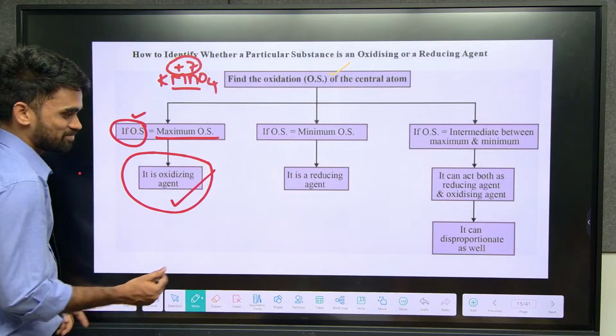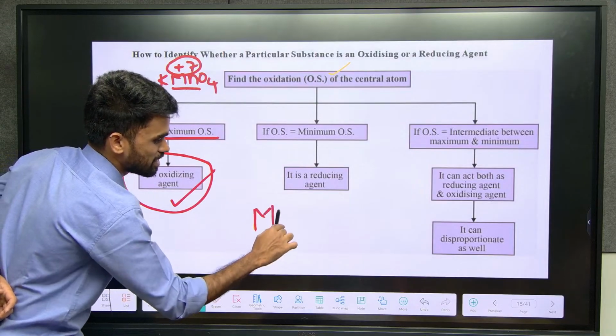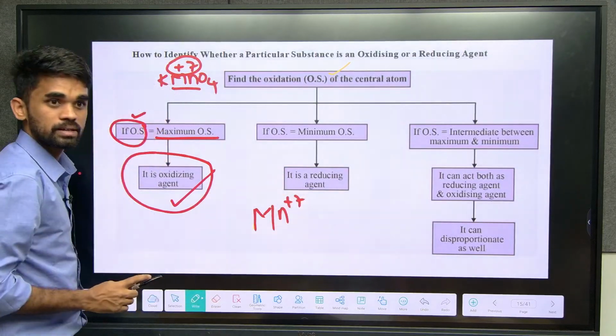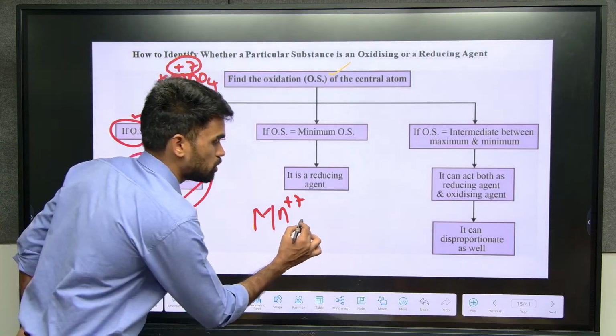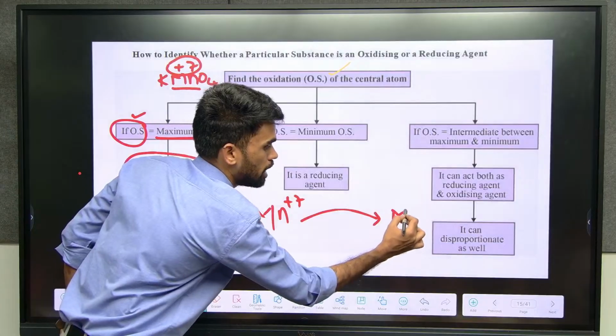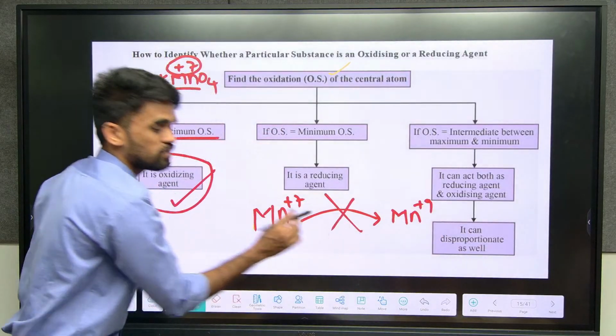Once again, Mn +7 is there. Already it is in the maximum oxidation state. Is it possible to oxidize it further to Mn +8 or +9? So it will not undergo oxidation further.